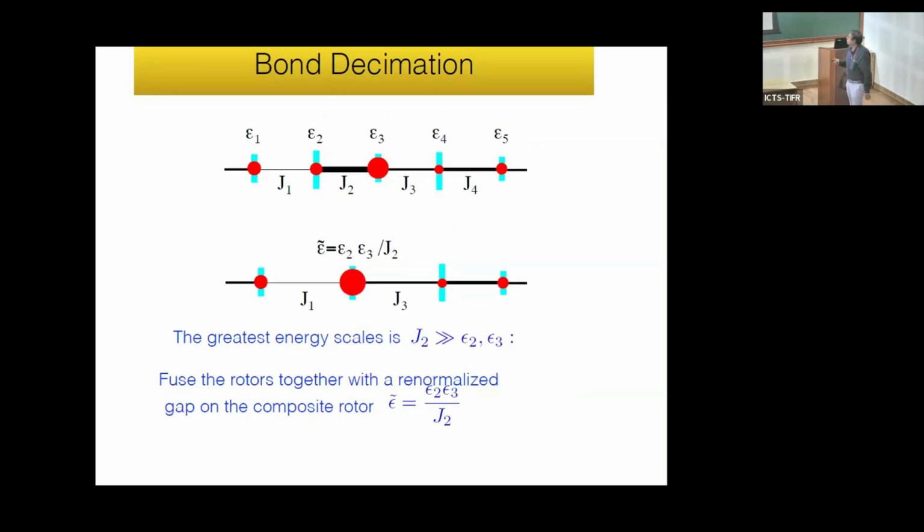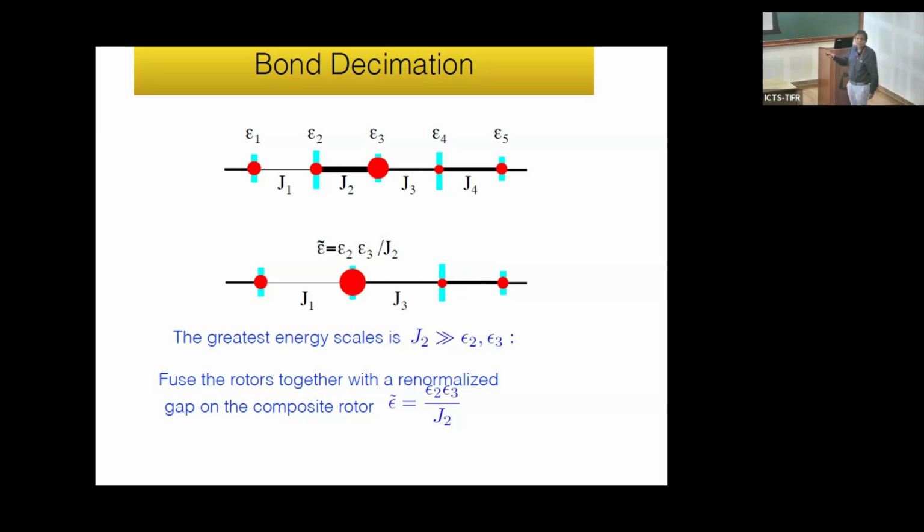In a similar vein, if one of the strongest coupling scales is a bond, J2, I can fuse these two rotors together. When I fuse these two rotors together, they have an effective distance to criticality, which I call epsilon twiddle.